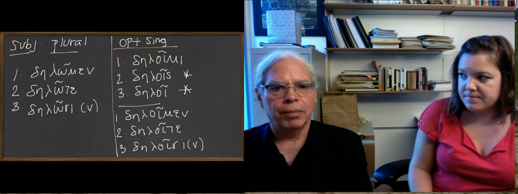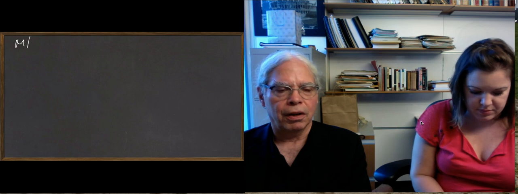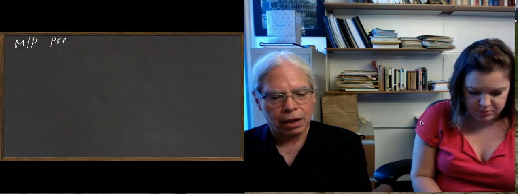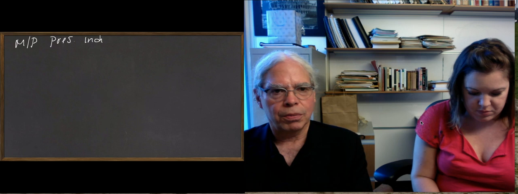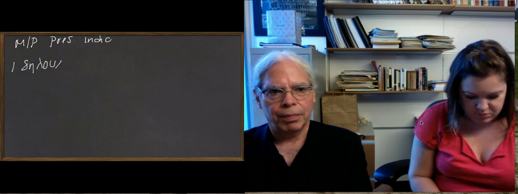This messes things up. Maybe we should move to a new page. Let's look at the middle passive present indicative of delao. There you're going to get deloumai in the first person singular. That's not bad.